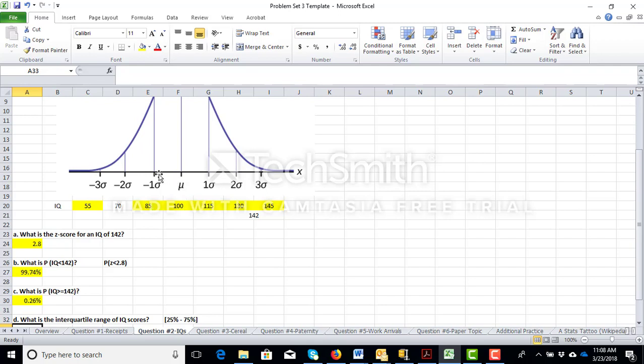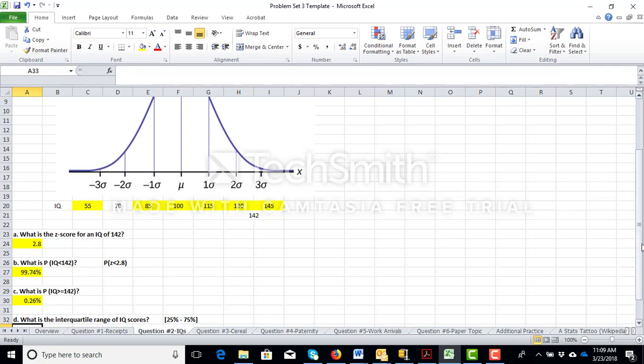That would get us about 68% of all the people in the population. What we want is to figure out what the IQs have to be to get just 50%. Not 68, but 50%. To get exactly 50% of the data, what would those IQs have to be? It's going to be something less than 115 on the upper end and greater than 85 on the lower end.